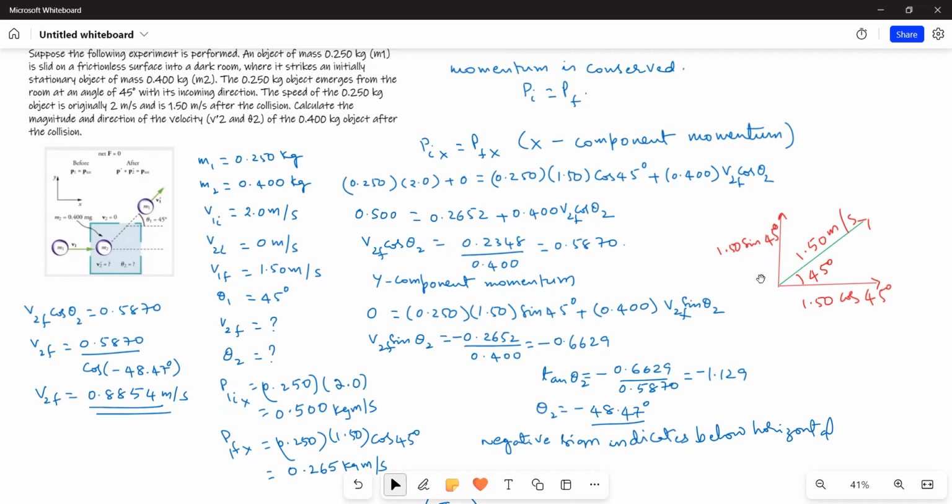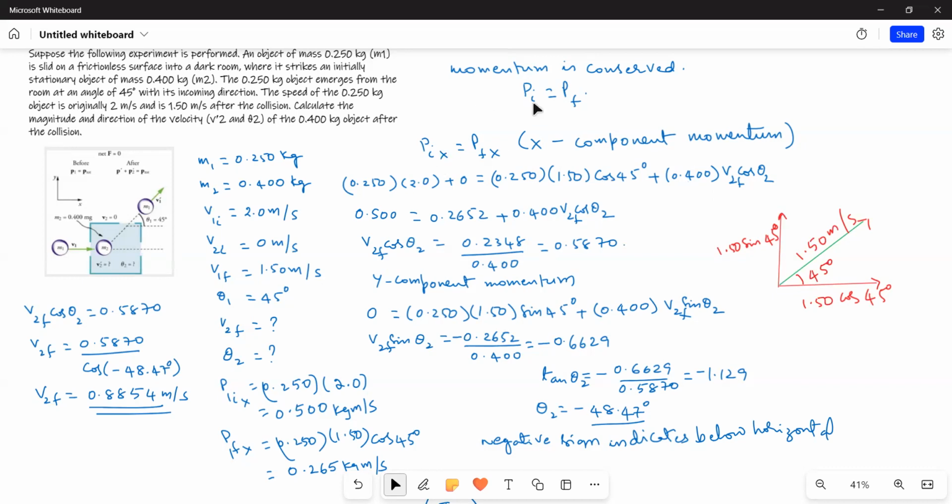The x component will be the cos, because the x direction is adjacent to the angle. That is why it will be 1.5 cos 45. The y component is opposite to the angle, that is why it is 1.5 sin 45 degrees.